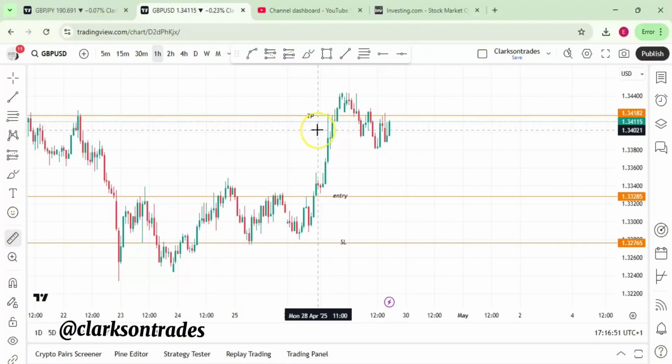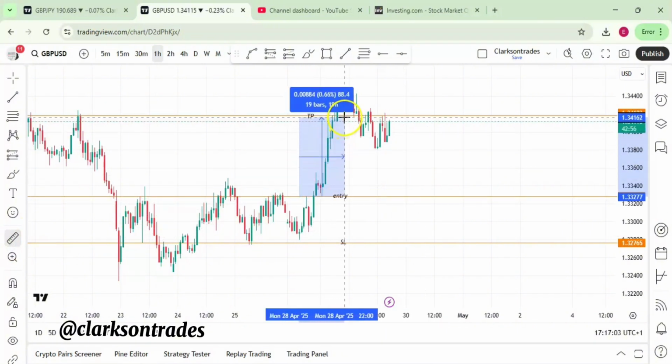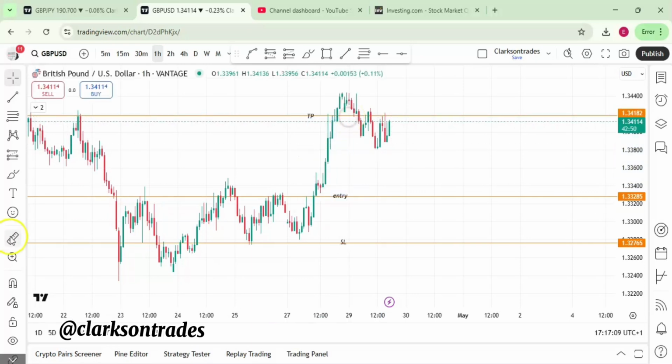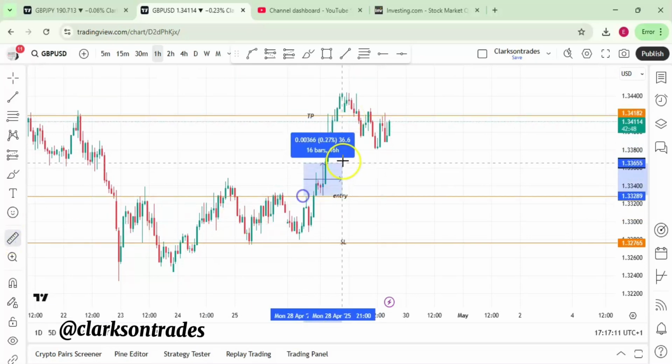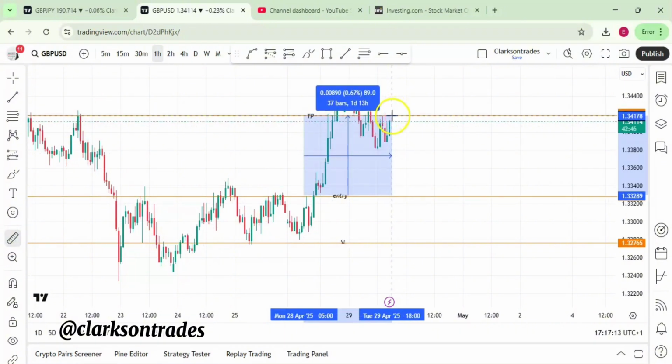Let us calculate it. The first thing you can do on your chart is to use the measurement tool. You click it, place it on your entry price and drag it to your potential take profit target, and it's going to give you the exact number of pips, which in this case is 89 pips.